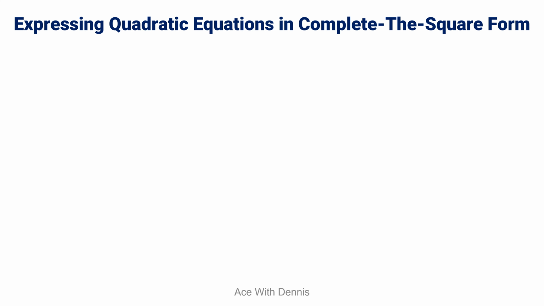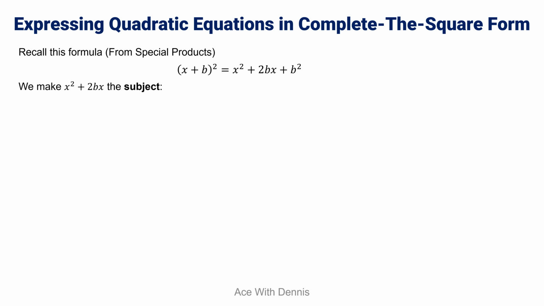Okay, now let's learn how to express quadratic equations in completing the square form. Recall this formula, which is from special products that we have learned in the previous lecture. (x plus b) squared equals x squared plus 2bx plus b squared. Now, from this equation, we make x squared plus 2bx the subject.